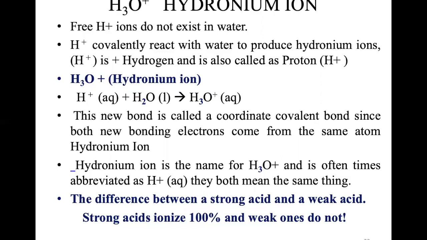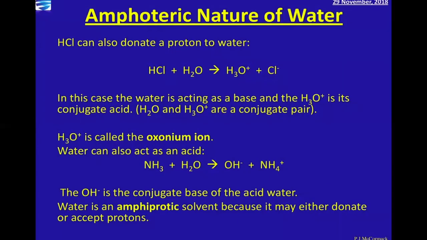Hydronium ion is often abbreviated as H positive. It means one is the same, but you should know that H positive ions do not exist in water because it is highly reactive. It will automatically react with any one of the water molecules and form H3O positive ion.